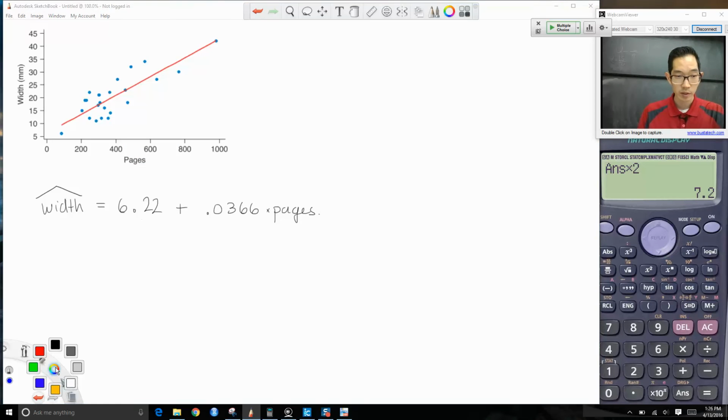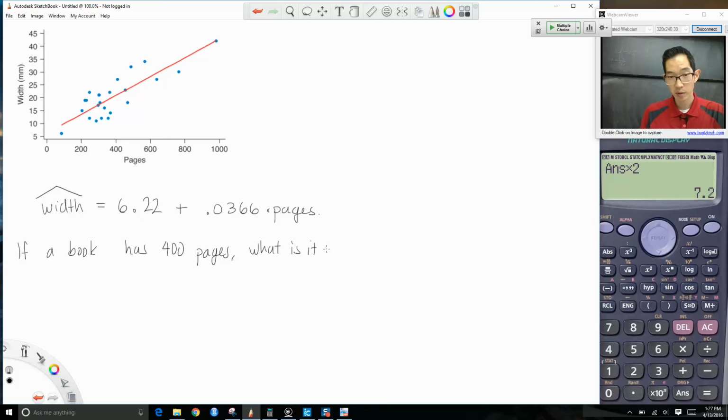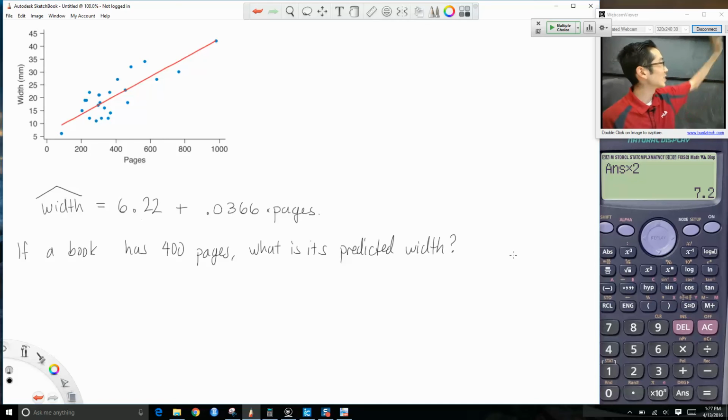If a book has 400 pages, what is its predicted width? I don't feel like making a clicker question out of this, so we'll just have you do some calculations here and tell me what your answer is.